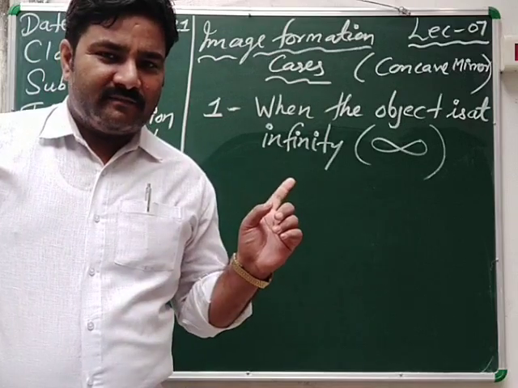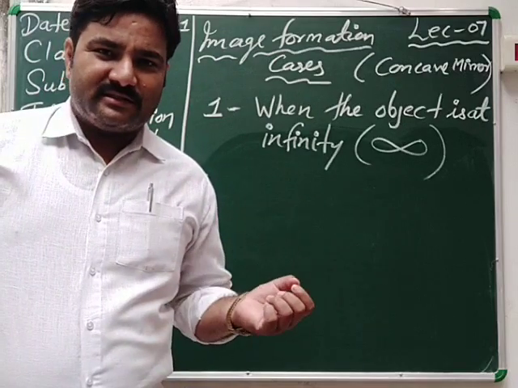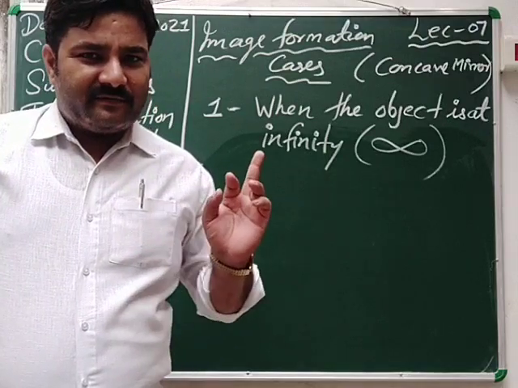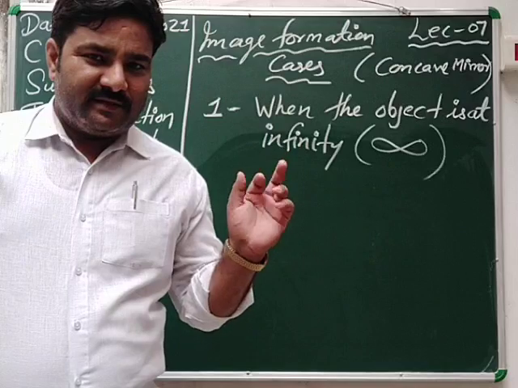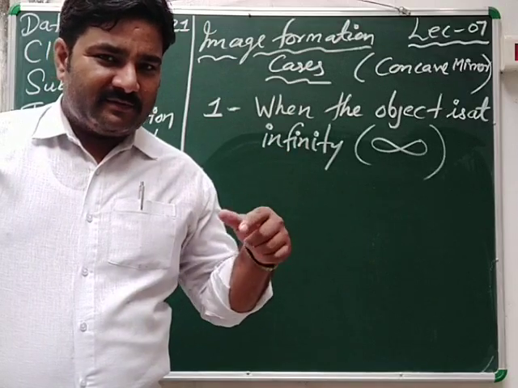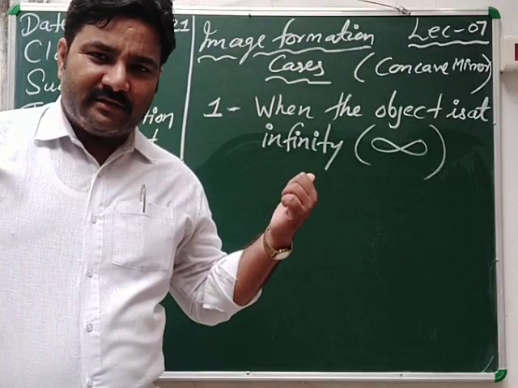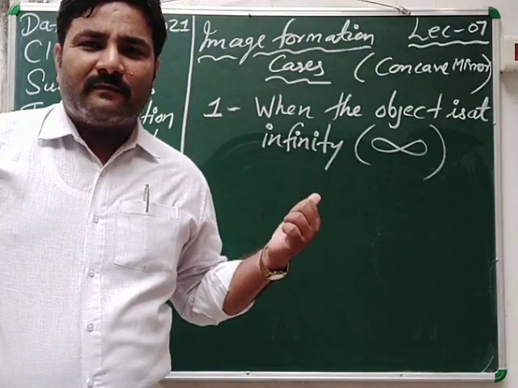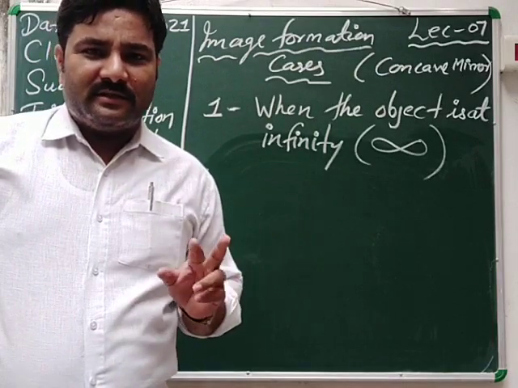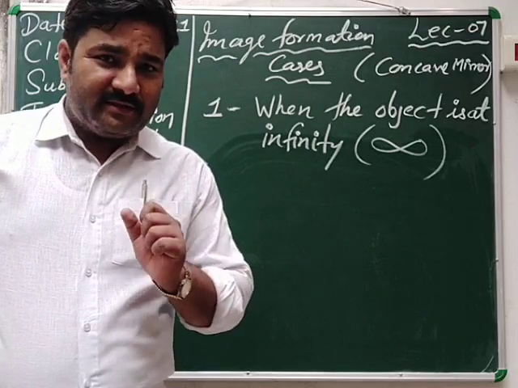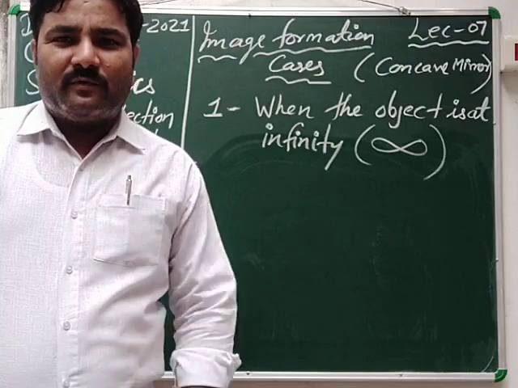In the first case it was highly magnified, but in this case it will be highly diminished. When the object is at focus, the image is formed at infinity. Reverse of this, when the object is at infinity, then the image will form at focus. These two concepts are opposite to each other, but the nature will be the same.